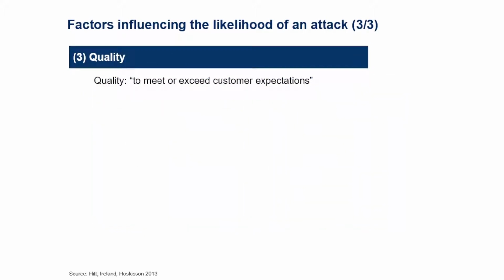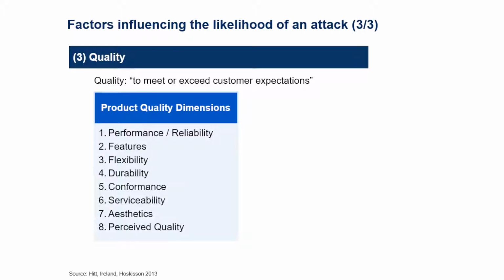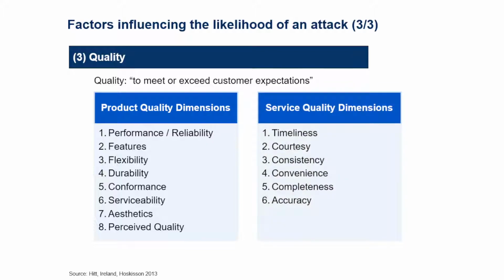The third factor is quality. Quality is defined as meeting or exceeding customer expectations, and it can come as product quality dimensions like performance, features, durability, serviceability, aesthetics, and so on, or service quality dimensions like timeliness, courtesy, consistency, convenience, completeness, and accuracy of the service provided.